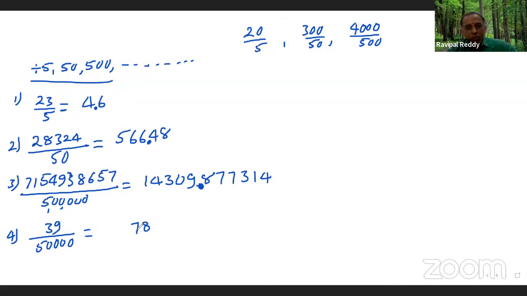Here 5 digits are not there, so how to put a point after 5 digits? Add zeros. 1, 2, 3, 4, 5. So your answer is 0.00078. 0.00078 is the right answer. Clear?